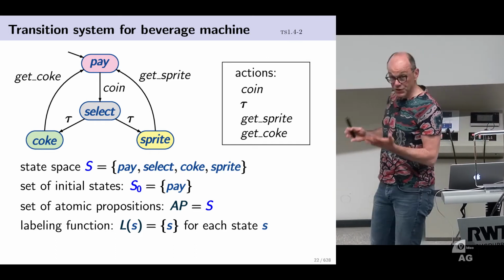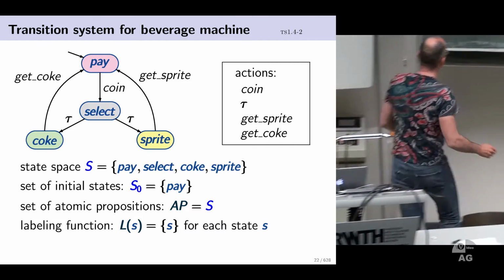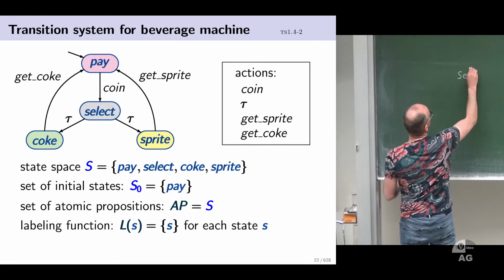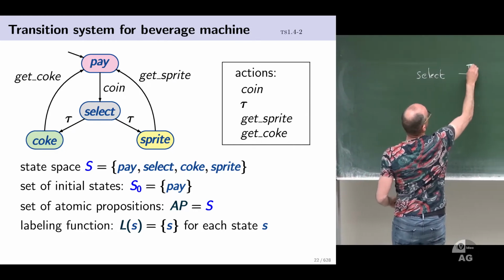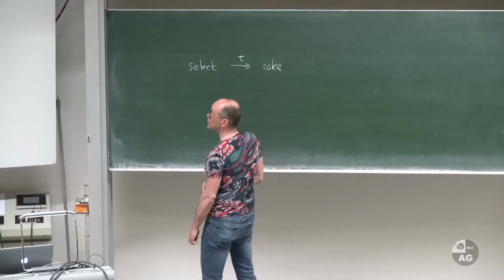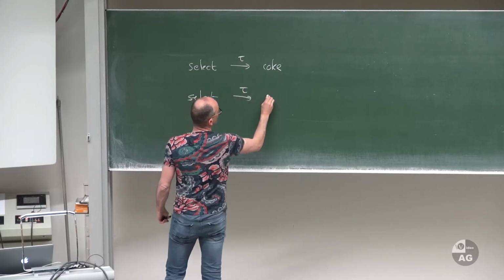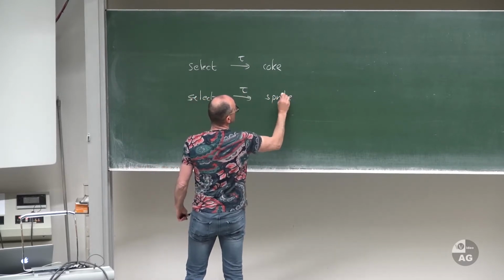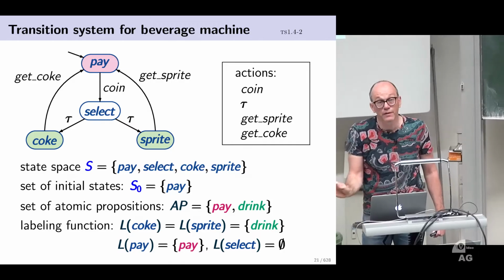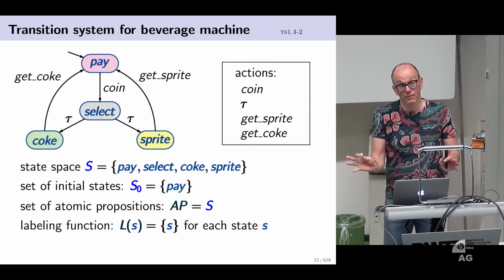No. So the transitions are still the same. So simply what you have is, from select, you have a TOR transition, right? That's the label, and it moves to Coke. That's one transition, and we have a transition that says select TOR to Sprite. These 2 transitions were there in my first transition system, this one, where we had this labeling. The only thing I changed is the labeling.